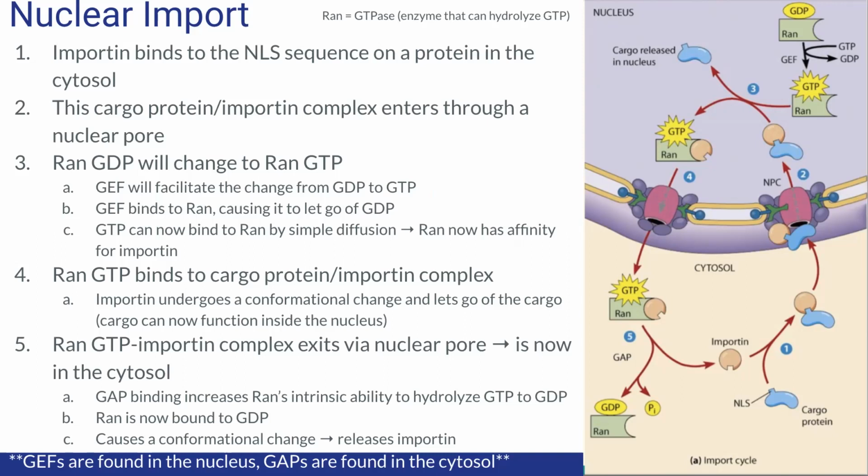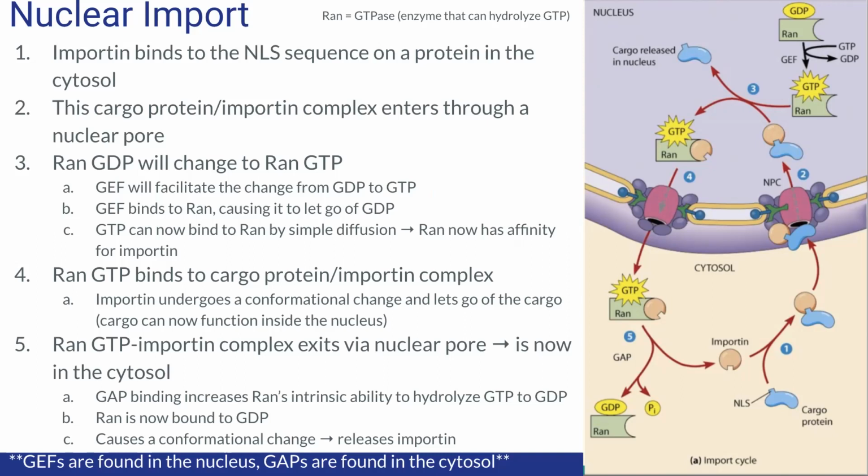And GEF just makes a conformational change to RAN that decreases affinity for GDP. When GEF binds to RAN, GDP loses affinity for RAN, and then that will diffuse out, and then GTP can diffuse in. And it doesn't stay bound to RAN, right? It just causes a conformational change and then releases it. Yeah, exactly.